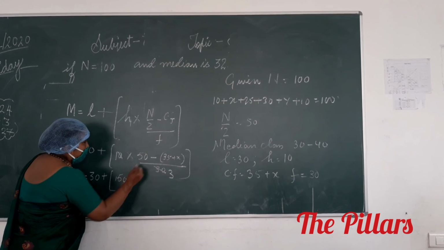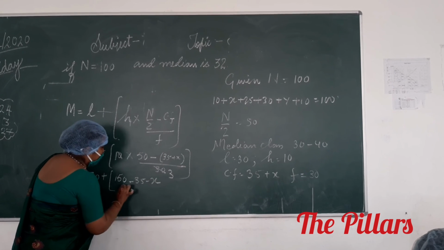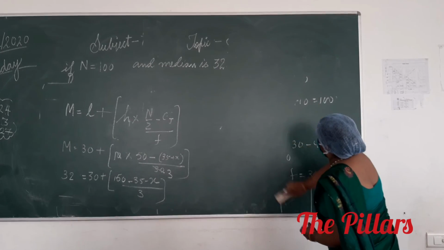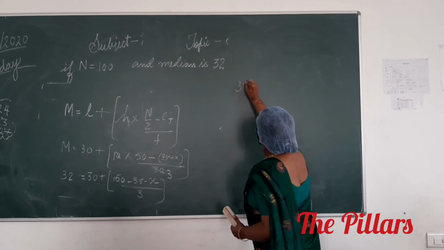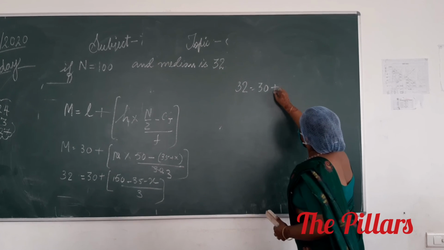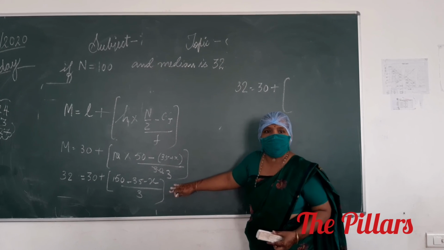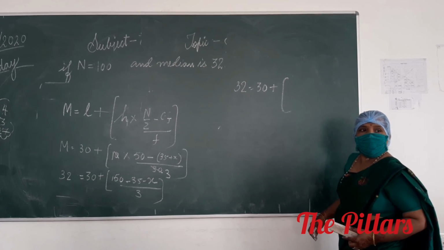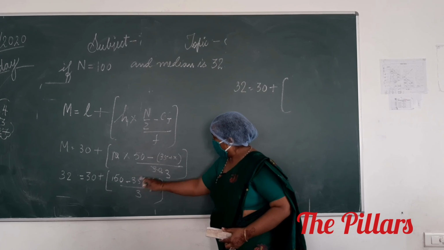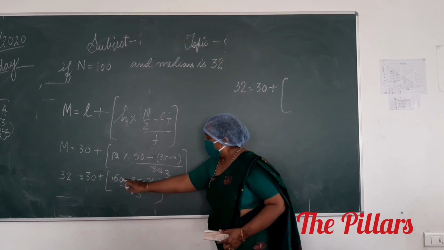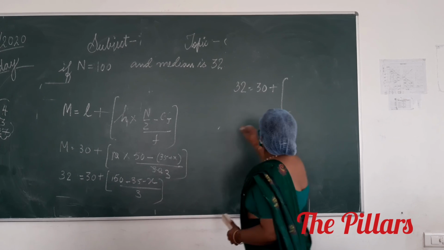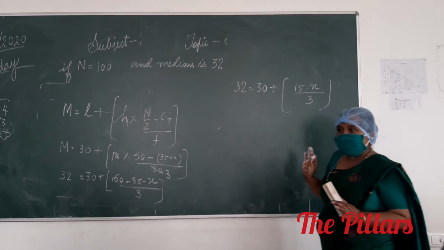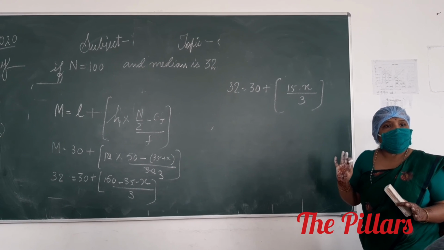So we have 50, remove the bracket, minus 35 minus x upon 3. 50 minus 35 will be 15. So 15 minus x upon 3.